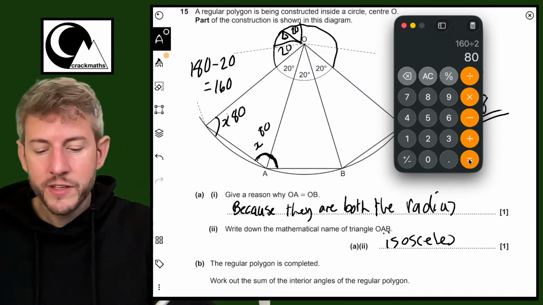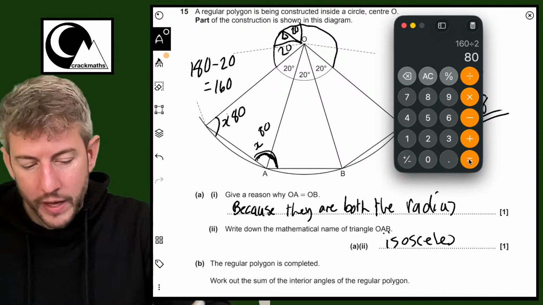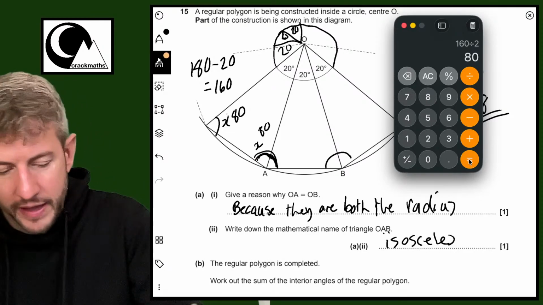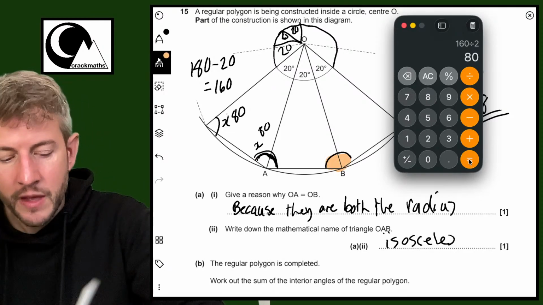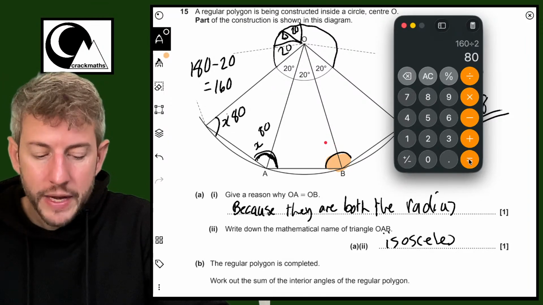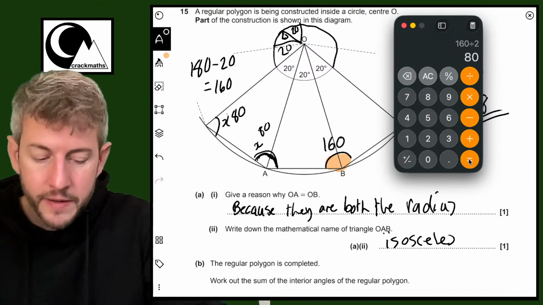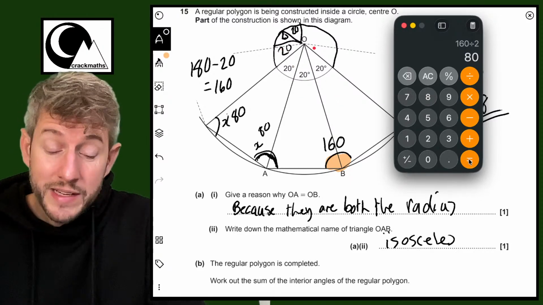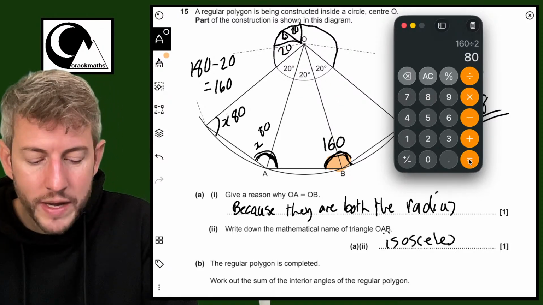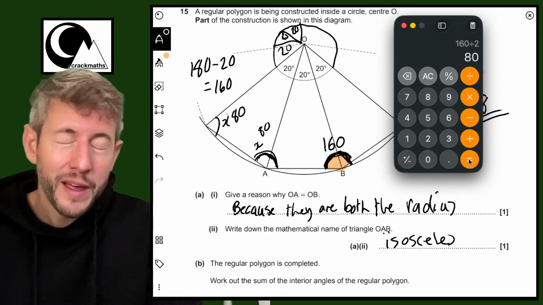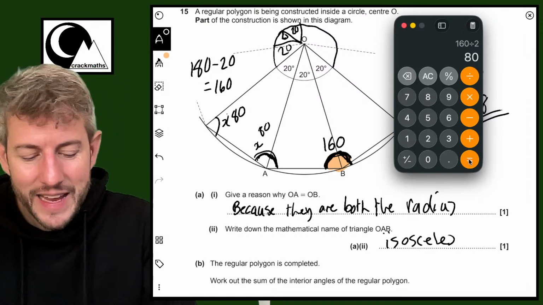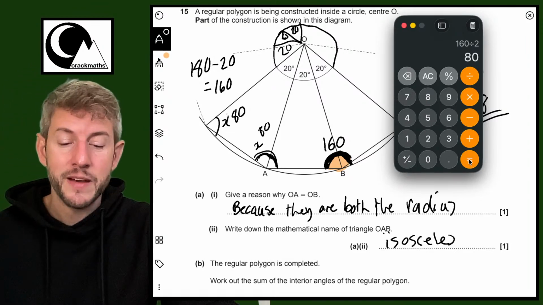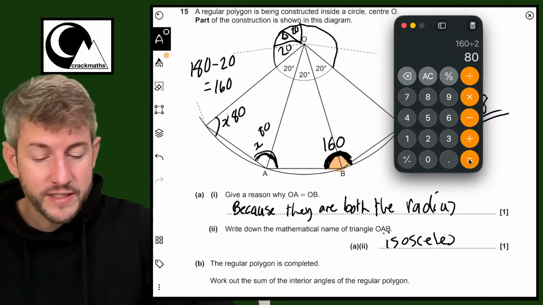But what we can do is think about this complete angle over here. Let's focus on this one. This complete angle would be 160. If there are 18 triangles, that means there's 18 corners like this. So there's 18 of these 160 degree angles.